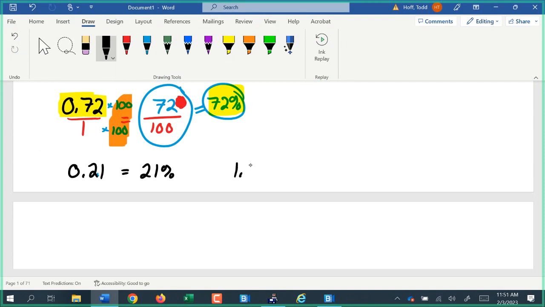If I have 1.9 as a rate, that becomes 190%. If I have 0.035 as a rate, it becomes 3.5%. So converting back again is just a matter of moving that decimal.